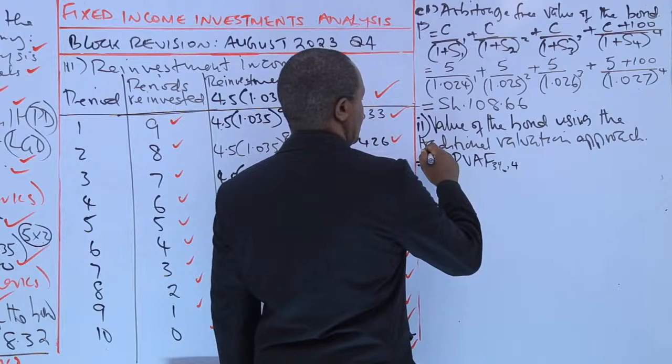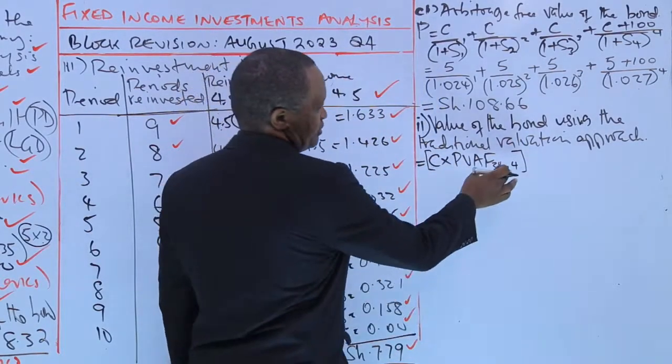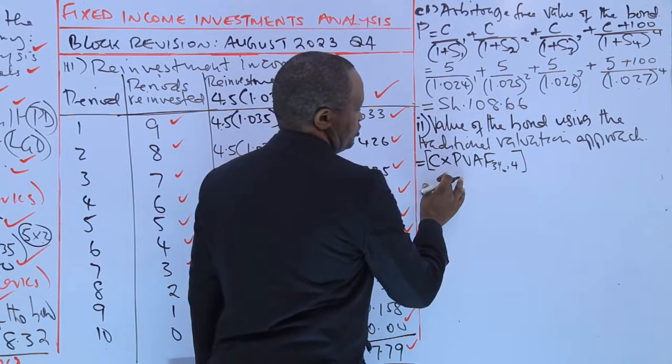So we are going to have this present value annuity factor times the coupon amount.